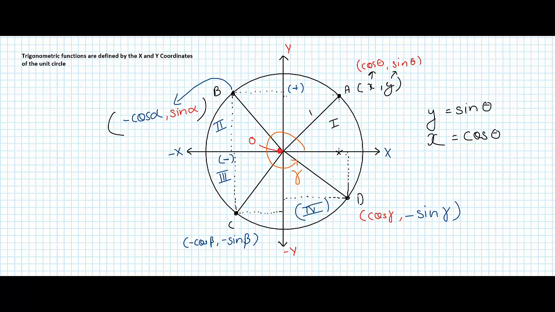And I'll show you this in later videos, if you use the unit circle to derive an expression for, say, cos of x plus y, where x plus y are angles, not the x and y coordinates, you will essentially be able to derive any other identity in some way or the other. This is where everything starts from. So that is why the understanding of unit circle is absolutely crucial.